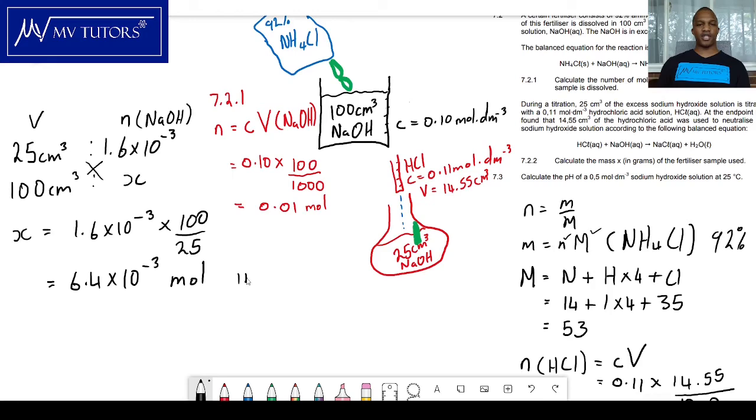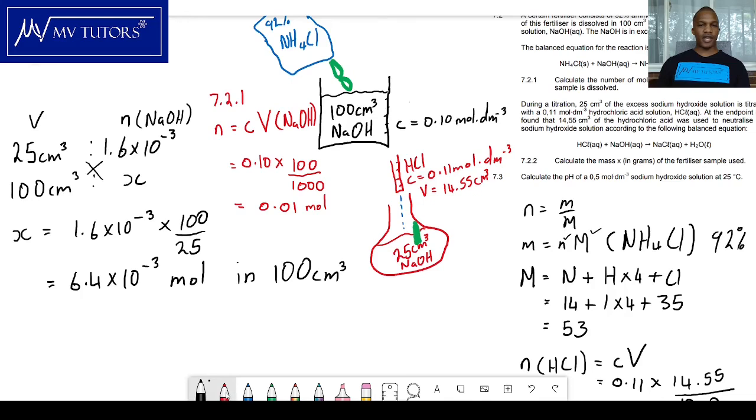Now this is in the 100 centimeter cubed volume. So that's the number of moles in the 100, if you upscale it from 25.